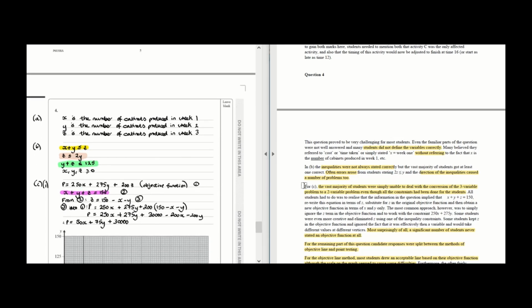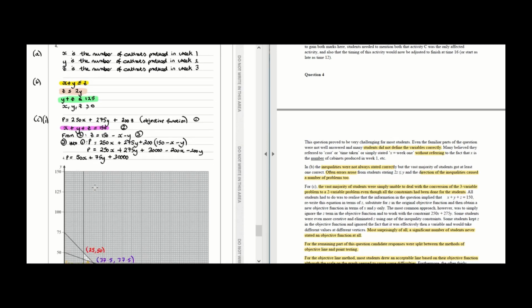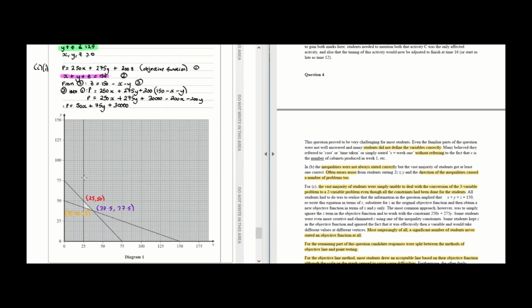In terms of part C, we have a 3-variable objective function, but many people fail to convert that into a 2-variable objective function. The reason we want to convert it into a 2-variable function is because we've got a graph in terms of x and y. And the way to do that is just to do a bit of rearranging.